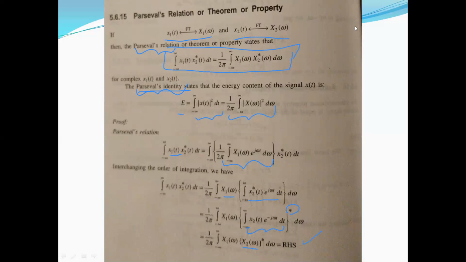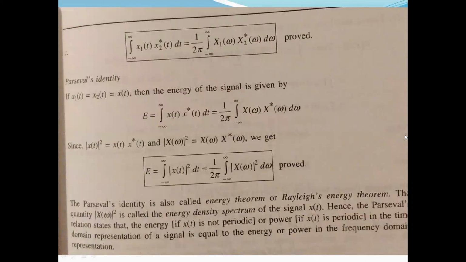The second part is the Parseval identity, which states the energy content of the signal. This is the proof for energy content. Whenever a signal x of t is given, the energy of the signal can be calculated by the formula written here.